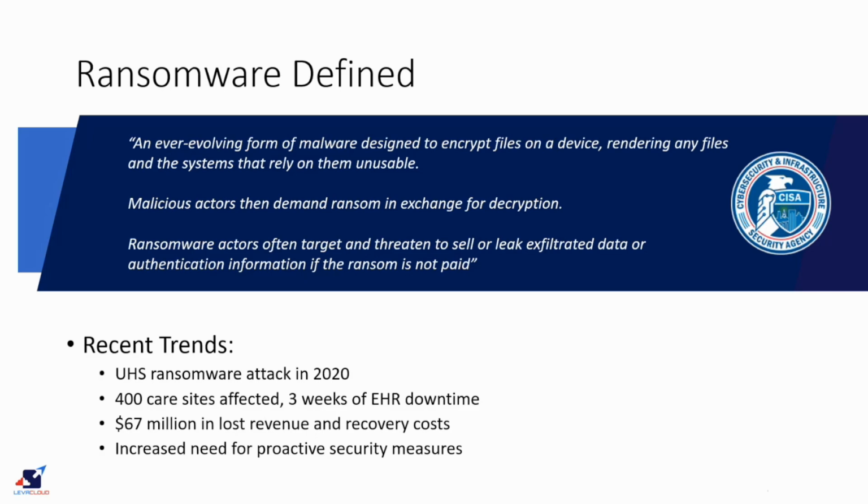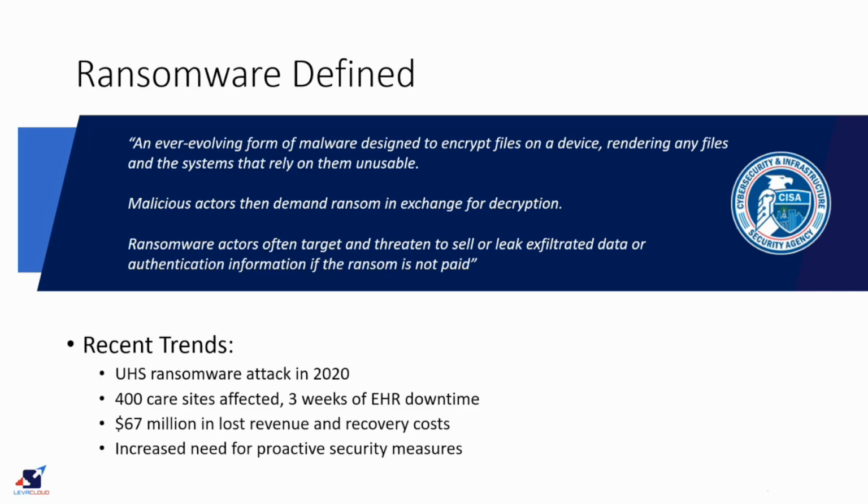And quite commonly, attackers will exfiltrate data from your environment prior to encrypting it and threaten to sell it or leak it if the ransom's not paid. So that's what we would term a double extortion ransomware attack. Now, CISA advises against paying ransoms, and they recommend focusing on prevention and strong cybersecurity practices instead.